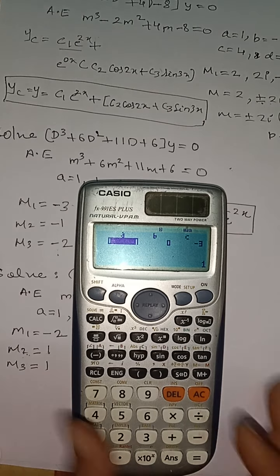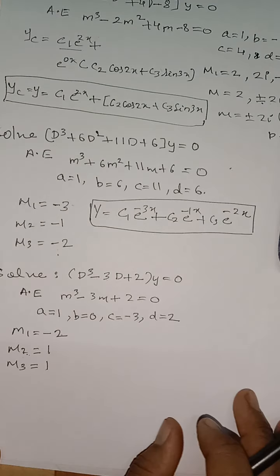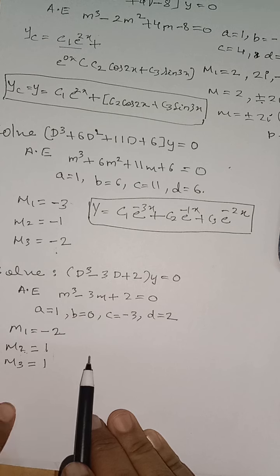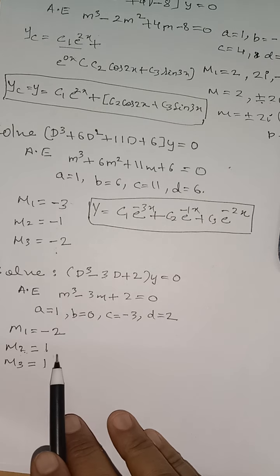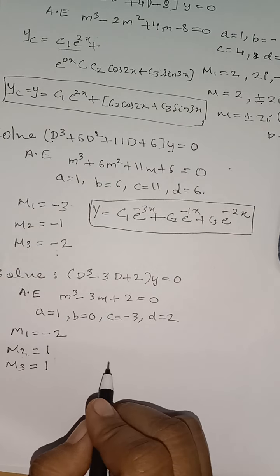So based on this, now you write the particular complementary function. Since 1 is repeated, it is a repeated real root, a coincident root. So how do we write the complementary function?